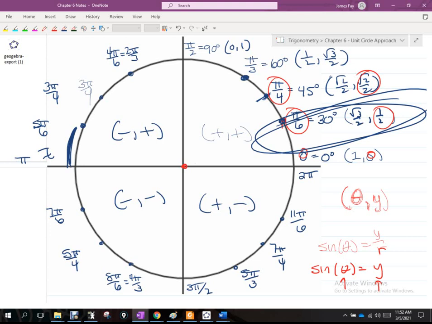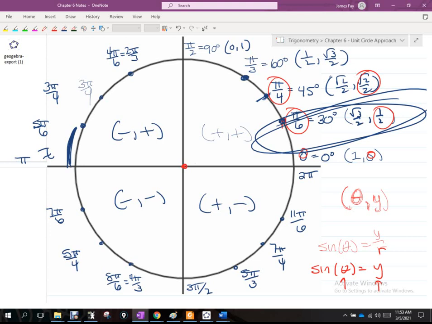So the unit circle is a tool that I view several different ways. I view it as almost like a static calculator, because we're going to be using it to pull values off of it, to do some calculations.